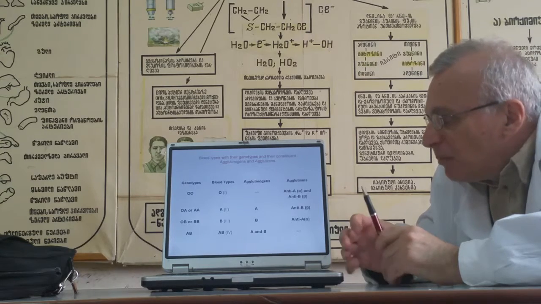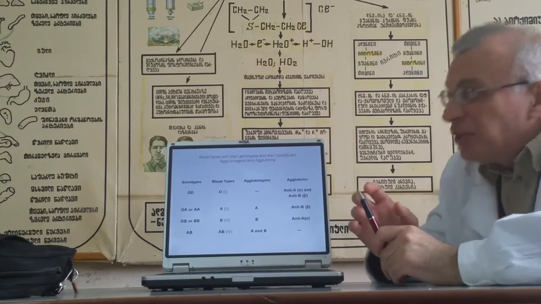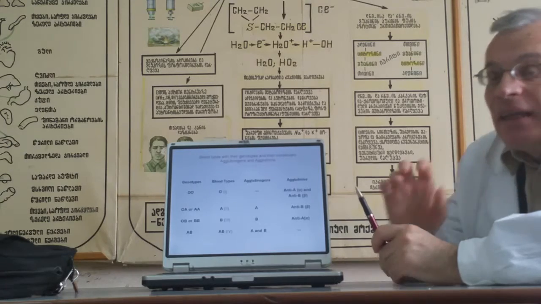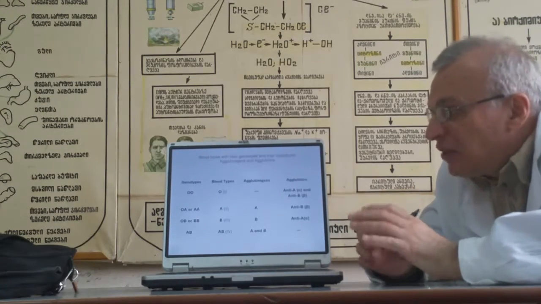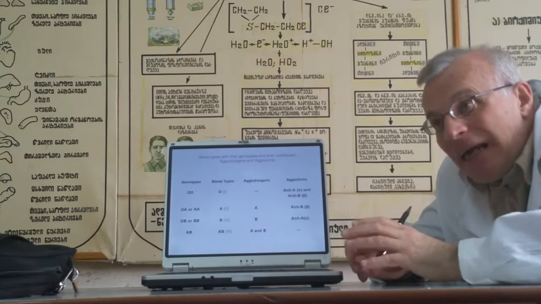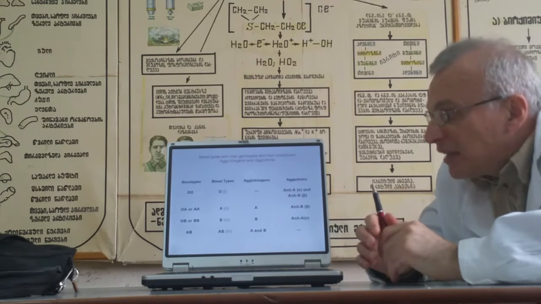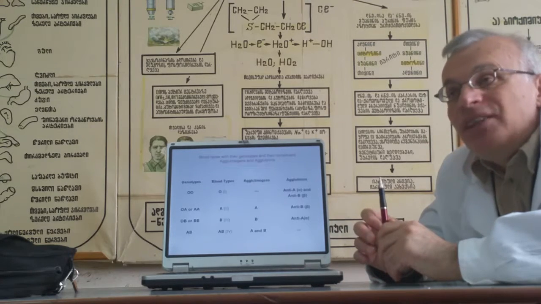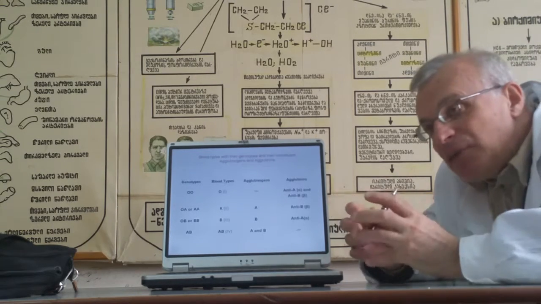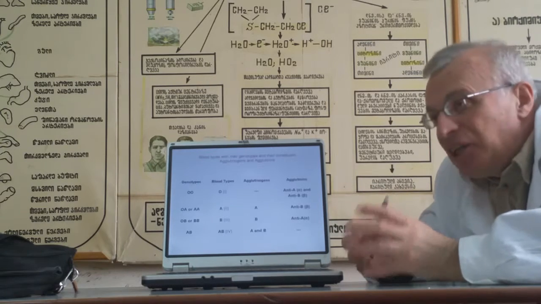Landsteiner got the Nobel Prize, and he discovered antigens and antibodies, such factors here in blood, in erythrocytes. They call these agglutinogens, and the process is called agglutination.